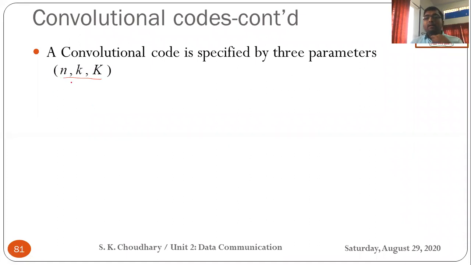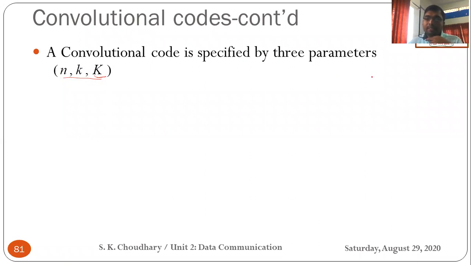Number of bits in the resultant code word. What is small k? Number of bits in the message. And capital K is referred to as the constraint length.